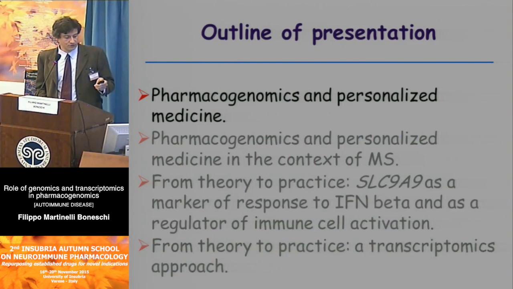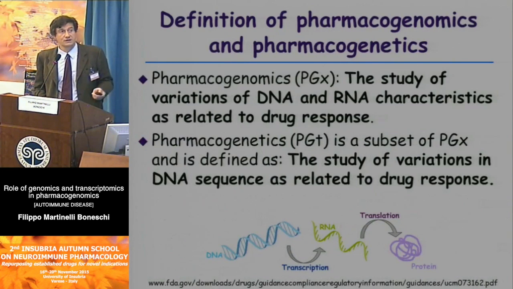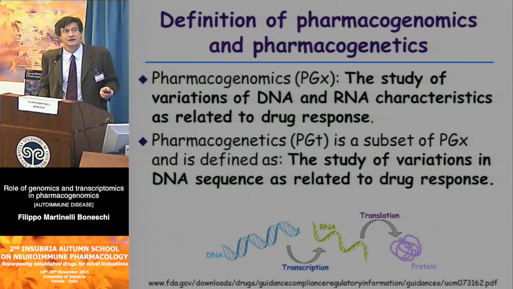So let's start with the most boring part of my presentation, which is definitions, which I think are important to have in your mind. So we can talk in terms of pharmacogenomics and pharmacogenetics. I think that it's important to distinguish the two definitions.